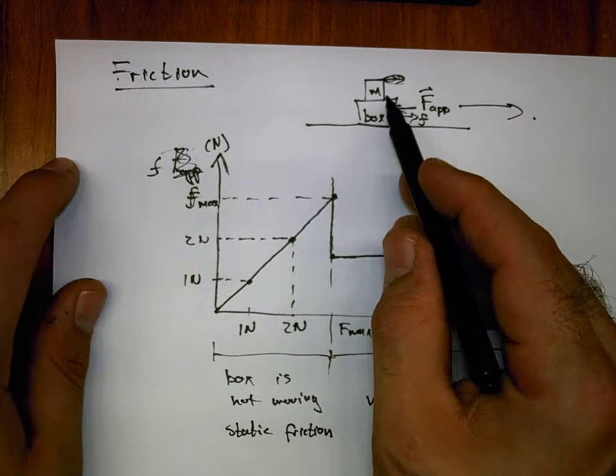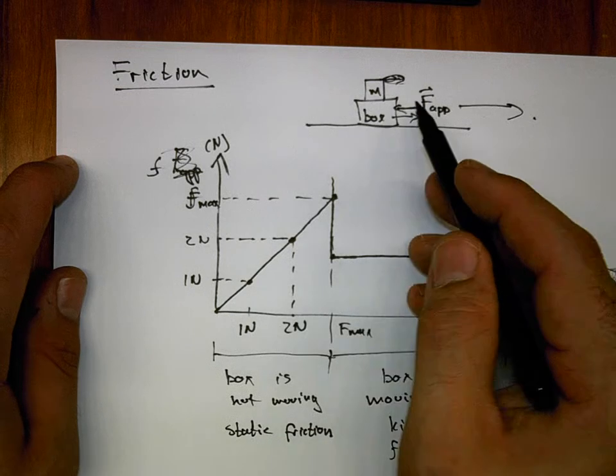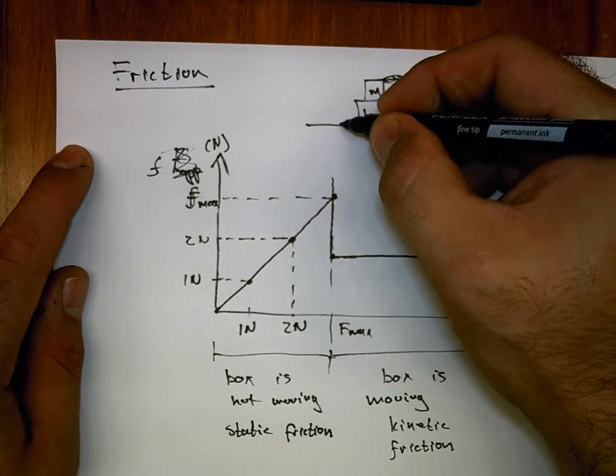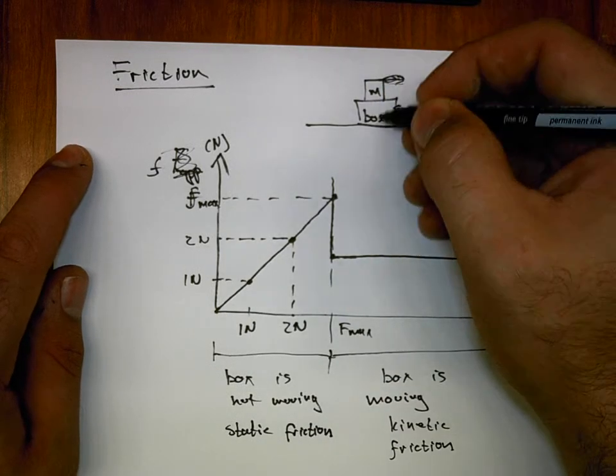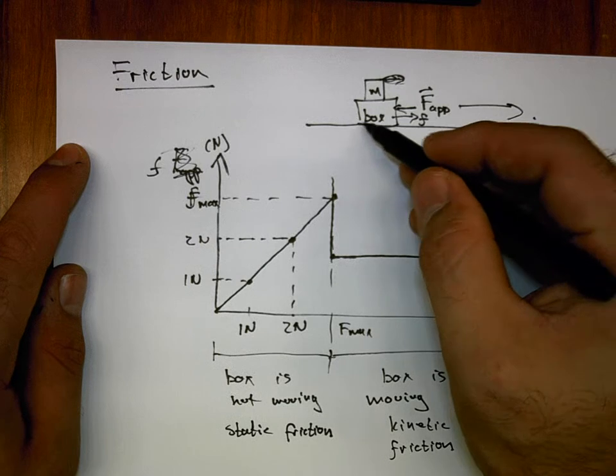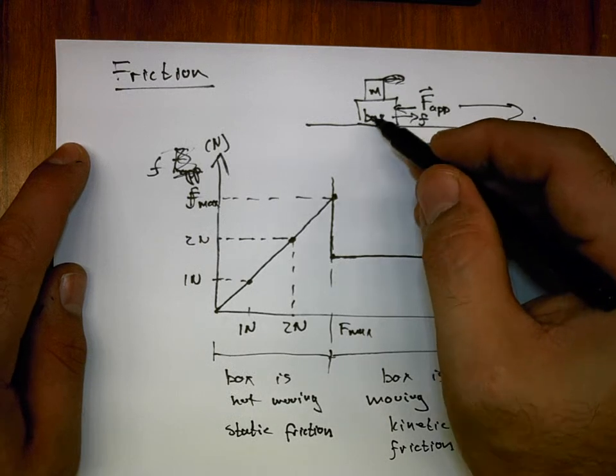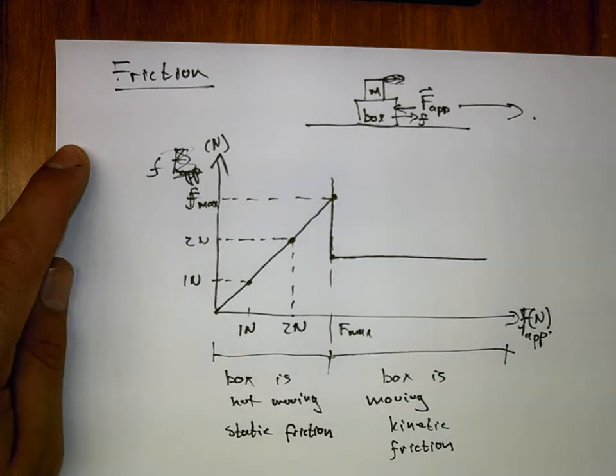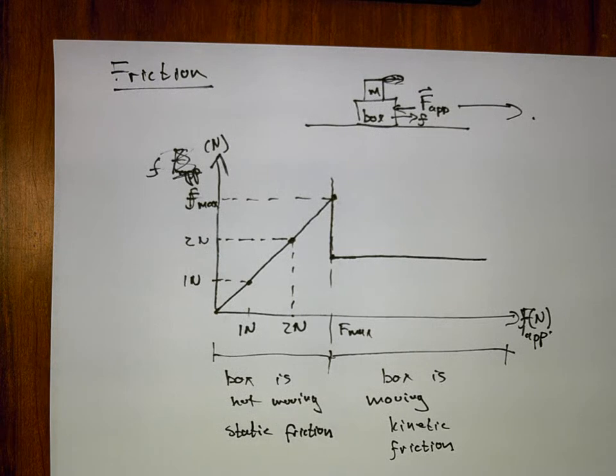So if I've increased the weight, remember the normal force is always the one that counteracts this. So I've increased effectively also the normal force from the surface on the box. So we can basically say that the larger the normal force is from the surface, the larger the force of friction will be.